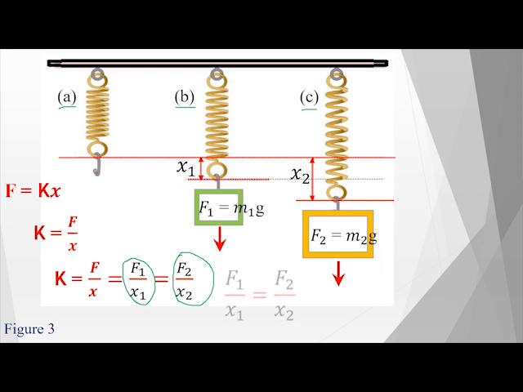And so if K is regarded throughout the experiment as constant, we could have F1 over X1 is equal to F2 over X2. Hence, F1 X2 is equal to F2 X1.